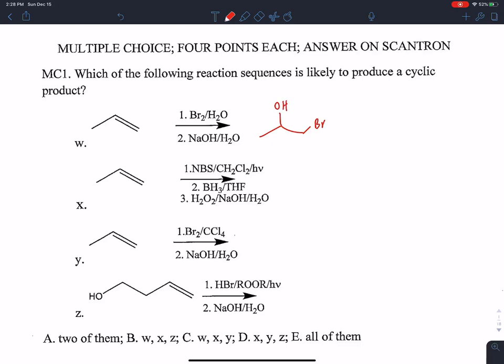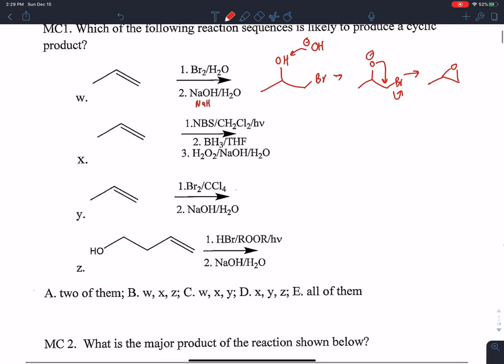And then the second part is NaOH with water, which for us is more specifically NaH, which is just taking your OH minus and taking that H off. If you take that H off, that's going to make an O minus, which directly attacks the bromine spot, and then you do form an epoxide, which is a cyclic product. So W is one of the answers.